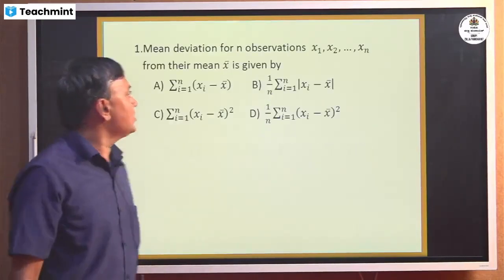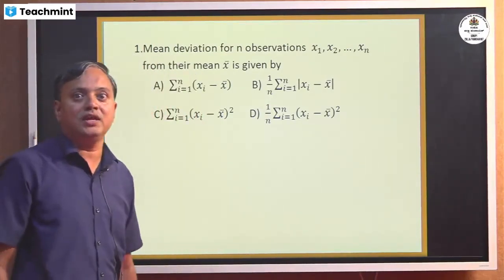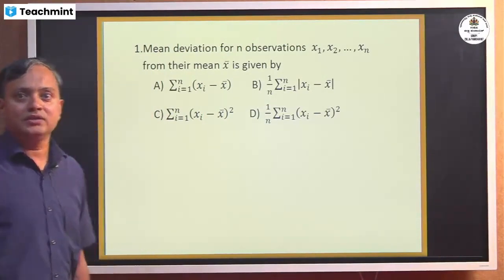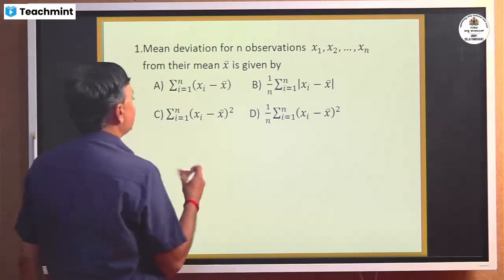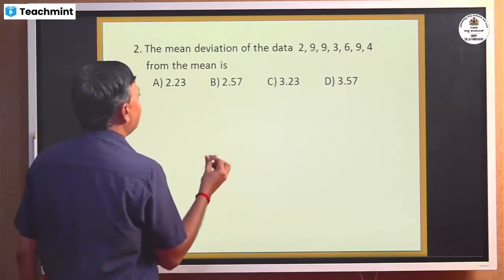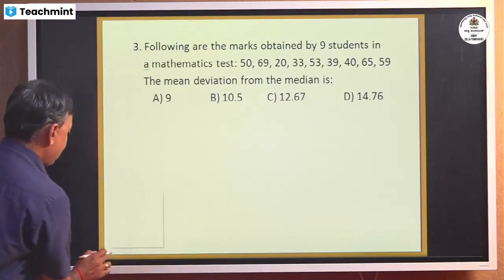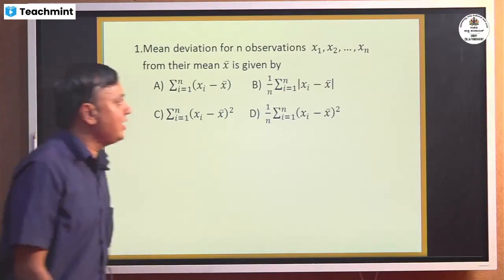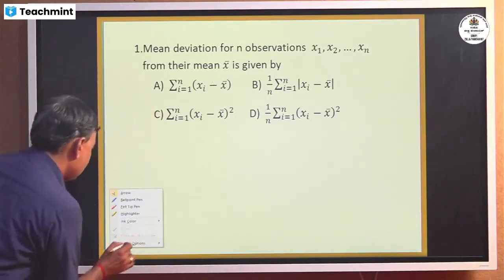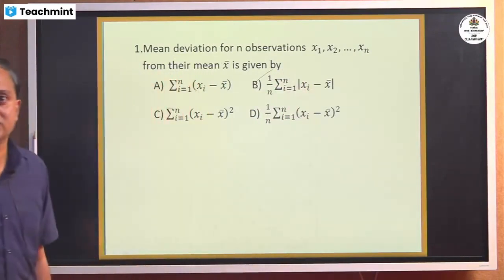the mean deviation of n observations x1, x2, etc., xn for their mean x bar is given by, this is a standard formula. So mean deviation of n observations.